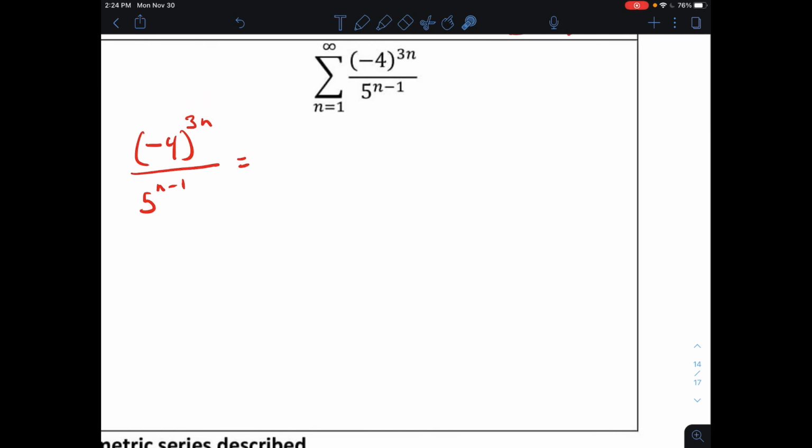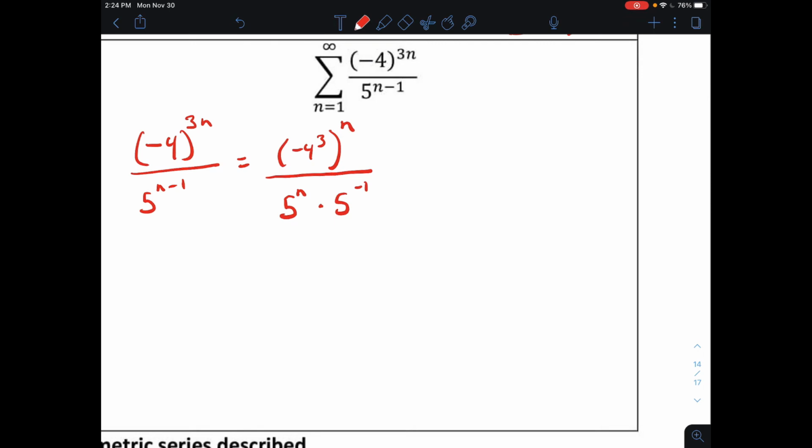Well, we're going to start using properties of exponents, and we say, all right, I multiply my exponents when I have a power raised to a power. So we'd have negative 4 to the third power raised to the n, divided by 5 to the n minus 1, which is the same thing as 5 to the n times 5 to the negative 1.